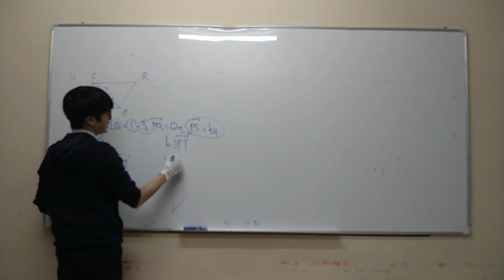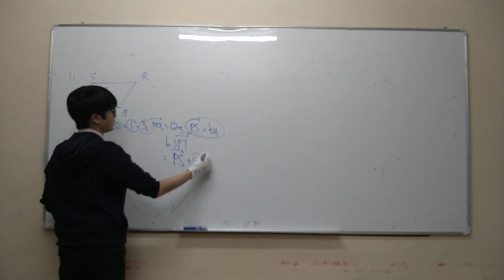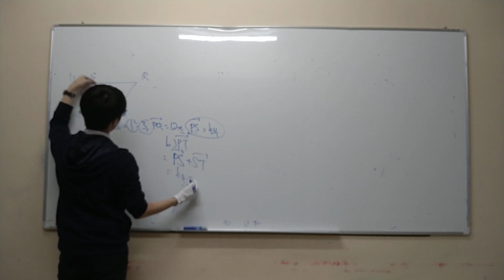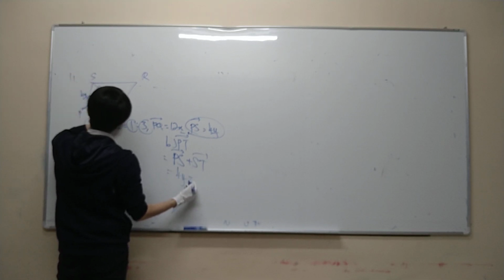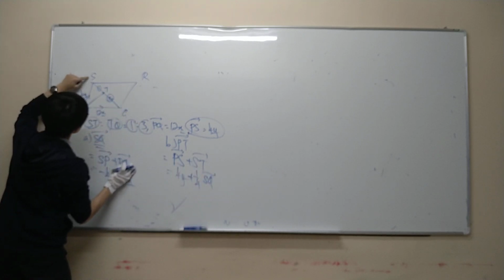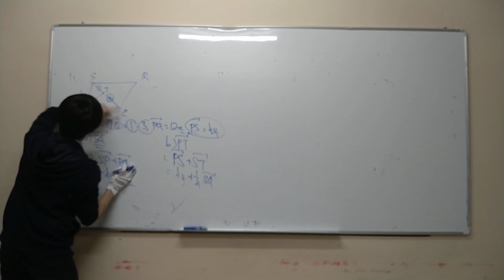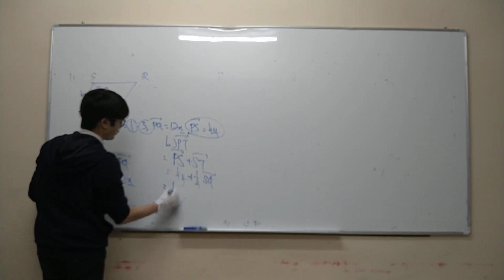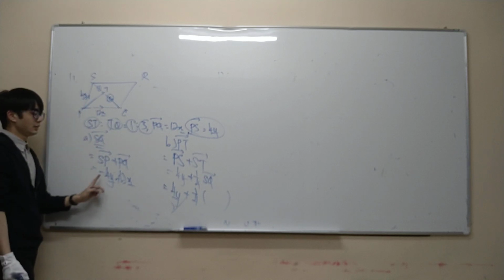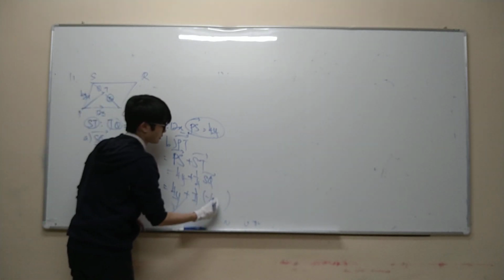Okay, so let's use PS plus ST lah. So what is PS? 4y. What is ST? S to T is 1 over 4 of S to Q. I repeat again. S to T is 1 over 4 of S to Q. So it will be 4y plus 1 over 4, and SQ you already found out is negative 4y plus 12x.